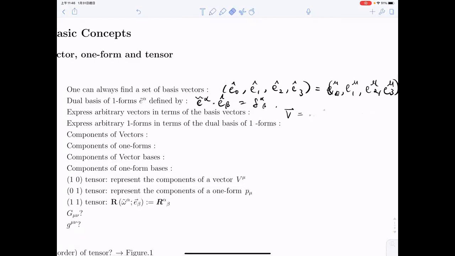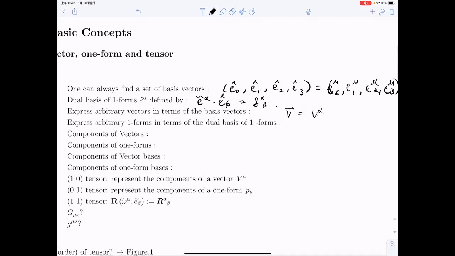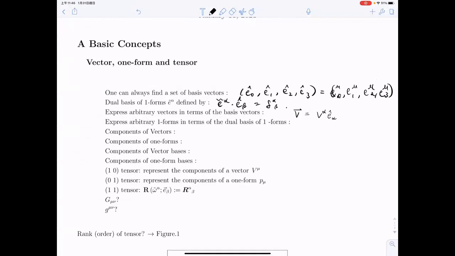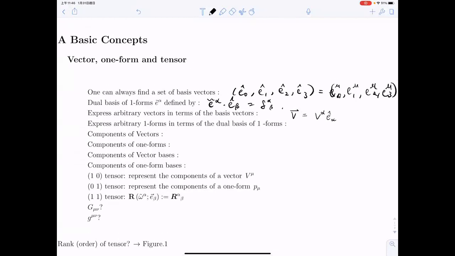By Einstein summation, it would be like this. Why? Because for a basis vector we use a subscript, and the superscript denotes a vector component.